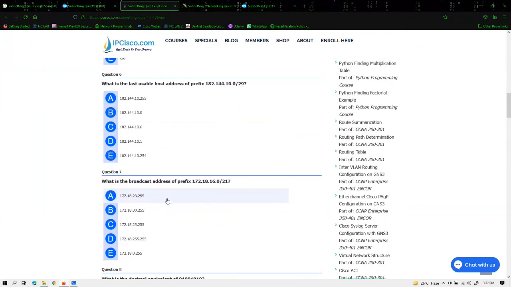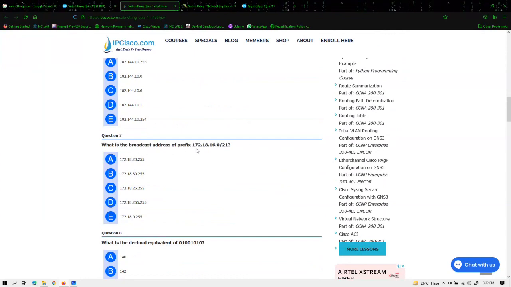Okay. What is the broadcast address of this prefix? What will be the broadcast address? It is 21.23.255. First one. Okay, what will be the block size? Block size will be 8.